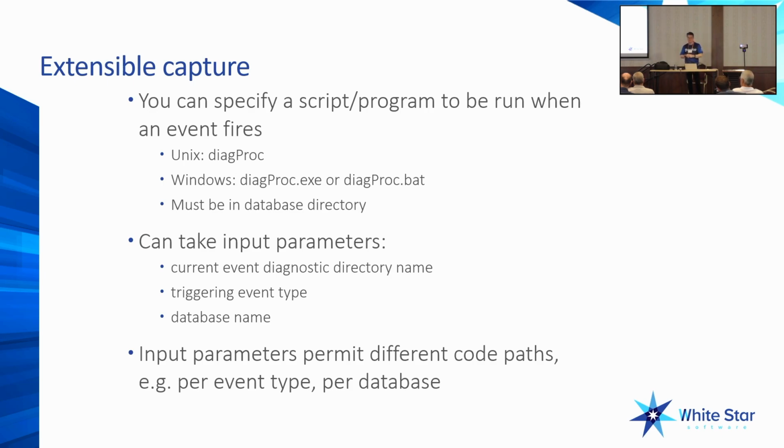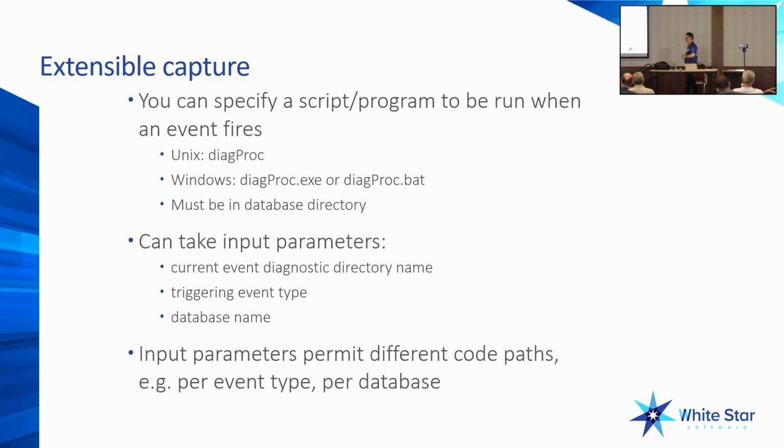You can also give your script or batch file input parameters. So it will be passed 3 parameters, which are the name of the event directory for this event, the event type, and the database name.